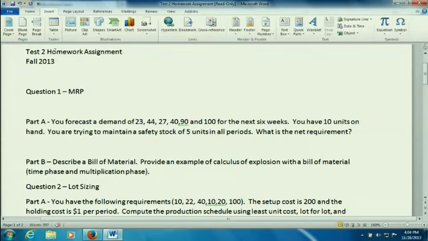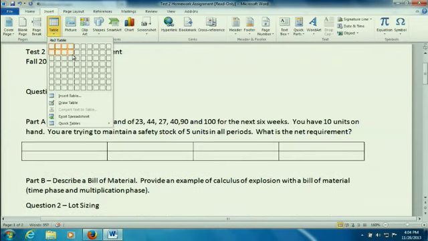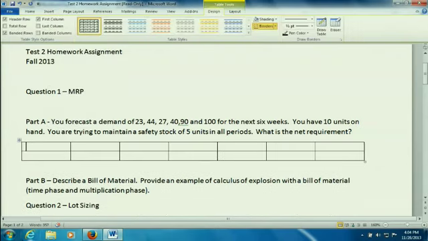So I'm going to insert a table. And week 1, 2, 3, 4, 5, 6 weeks.